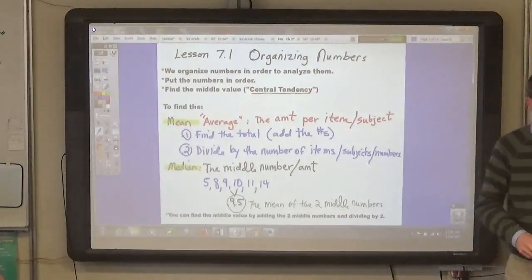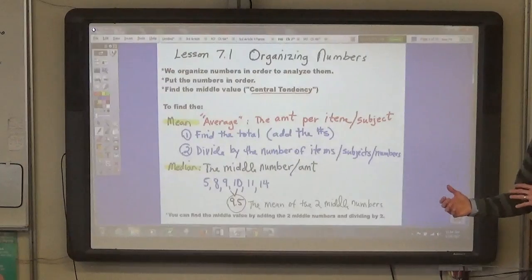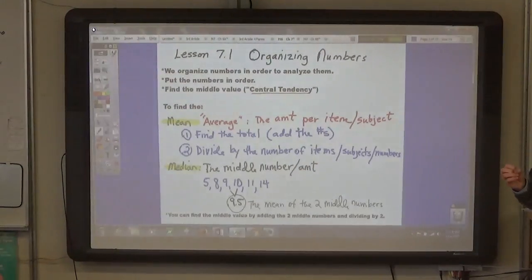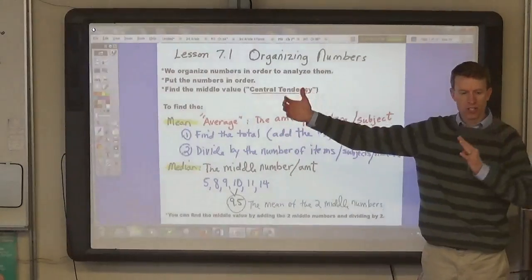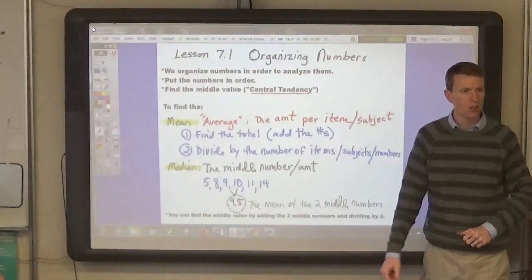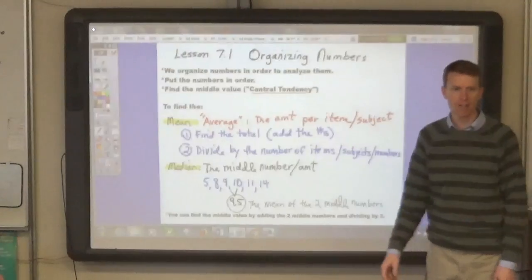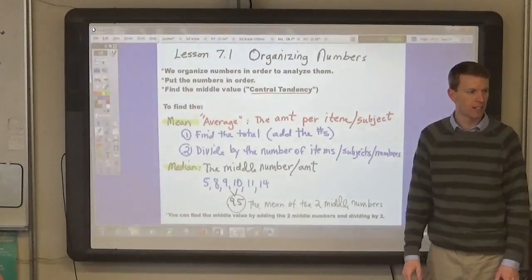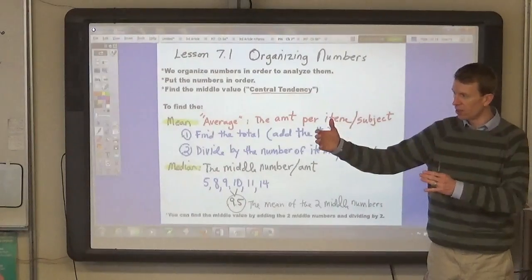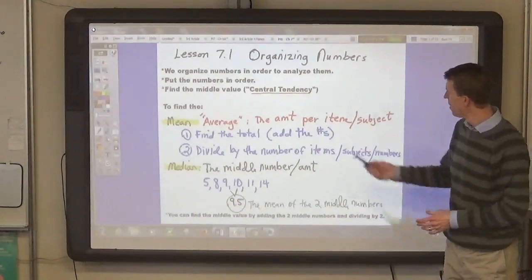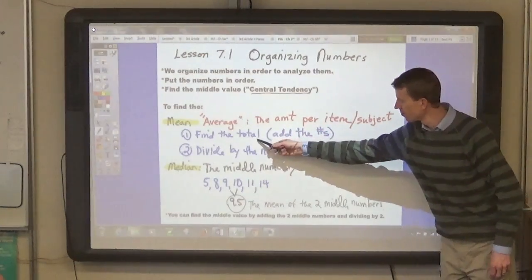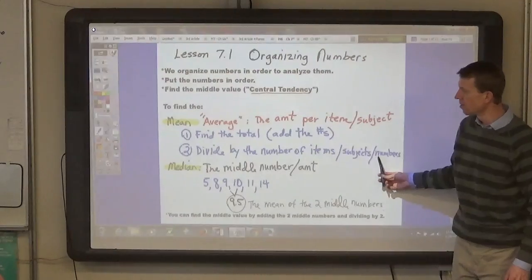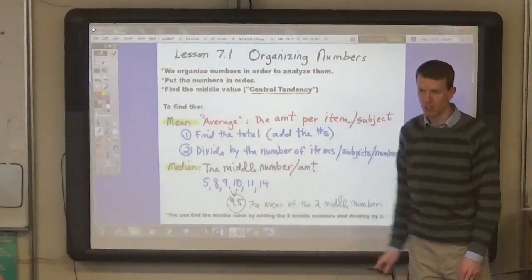For example, we just had Fantasy Football League, and I talked about how when a quarterback makes a bunch of attempts to throw to receivers, and they complete a bunch of yards, and they get all those yards for the game, the total number of yards, you can find the average number of yards that they got for every pass attempt, by taking that total and dividing it by the number of attempts. The total divided by the number of attempts gives you the average.